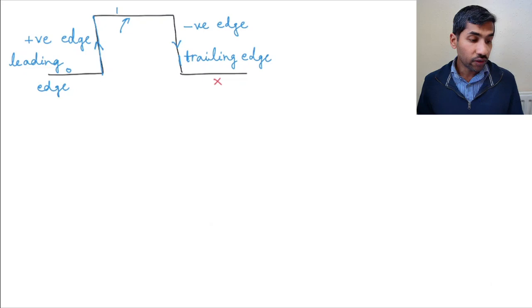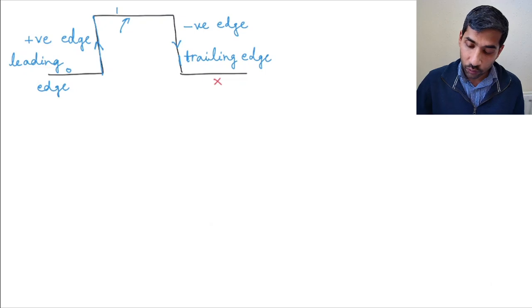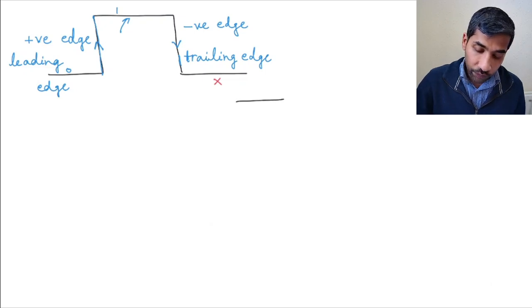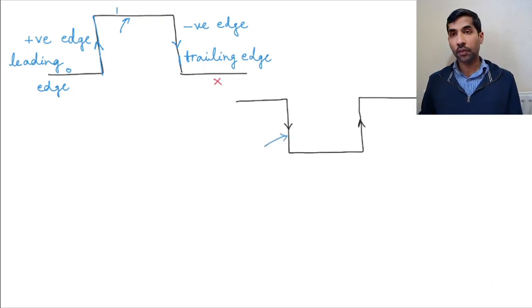It's not necessary that the negative edge is always the trailing edge. For example, you could have another square wave like this. There are two edges here, this edge and this edge. Now let's think of what this edge is. Is it a negative edge or a positive edge?